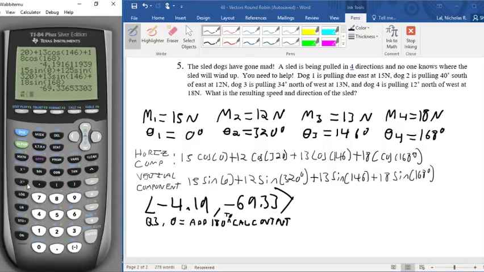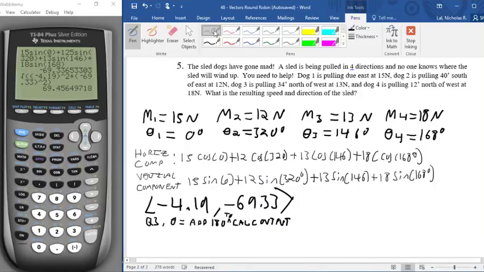The magnitude is going to be the square root of negative 4.19 squared plus negative 69.33 squared, which is going to be 69.45 squared.